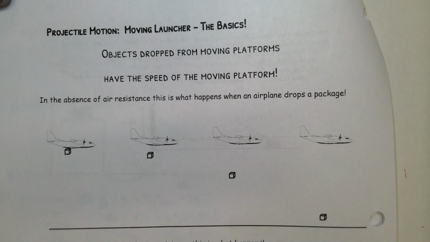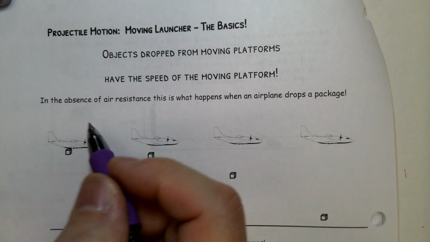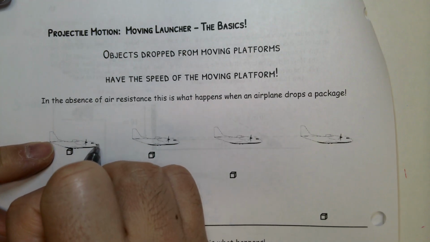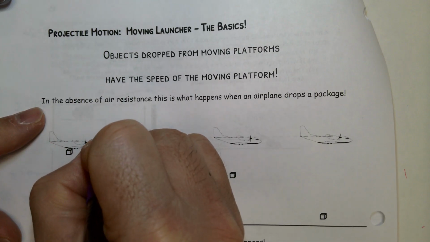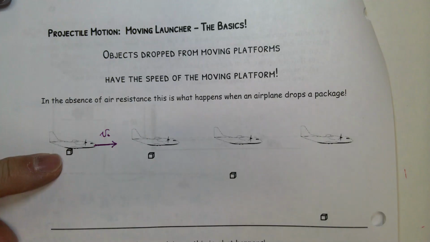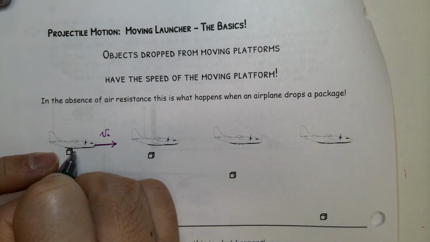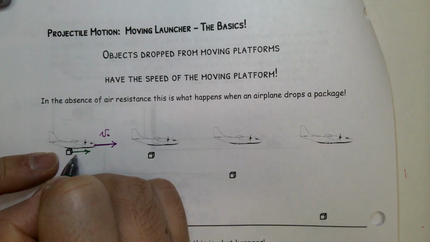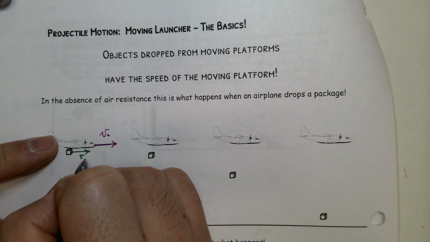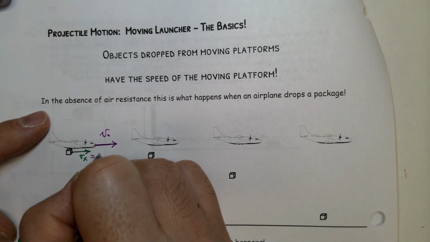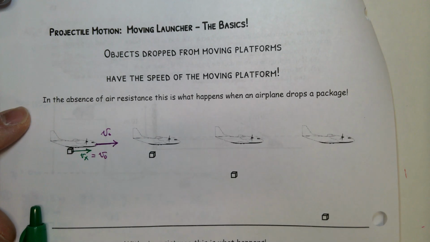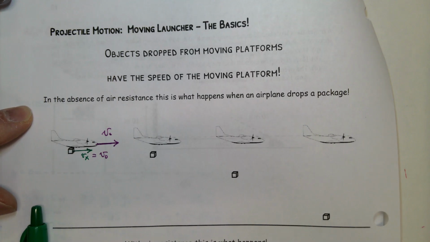You know? So the important thing to recognize is whatever the initial velocity that airplane had horizontally, the V0, that would remain with the package horizontally as your Vx, right? That Vx is the exact same speed as your airplane's original speed V0. Okay?